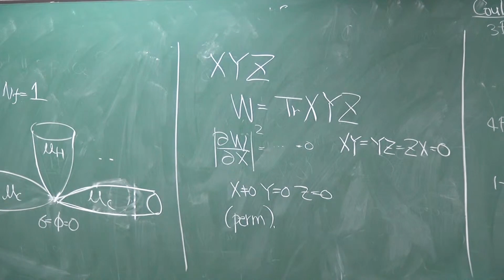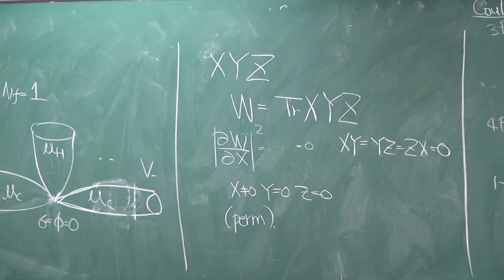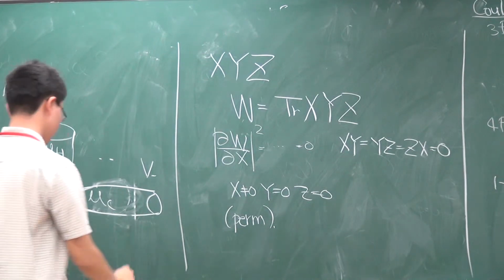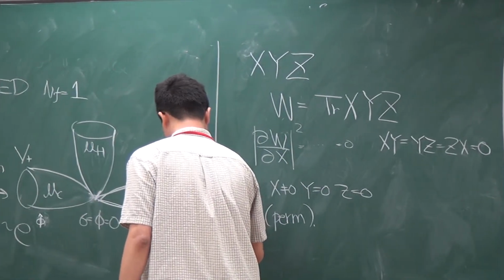The statement is that after quantum corrections, this is split into two parts, two variables, V plus and V minus. Asymptotically, V plus goes like exponential of phi, let's say phi half for simplicity, in this region, and V minus goes like exponential minus phi.